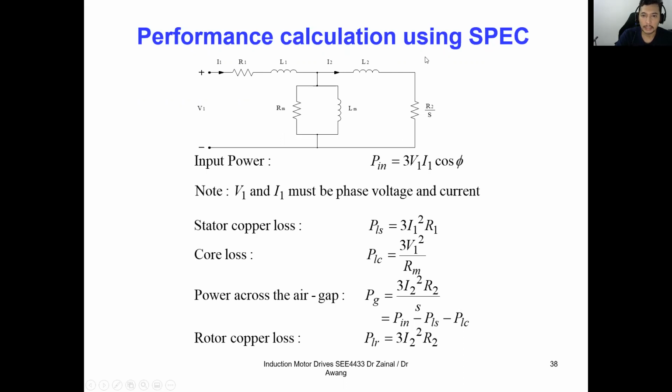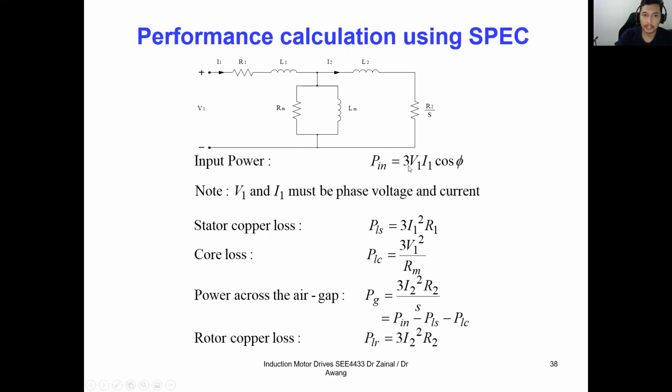Okay, and for the input power, even though this is a single phase, usually we will conduct our calculation in three phase. So just multiply by 3: V1 and I1 cos theta. So this cos theta is the power factor. And you should note that V1 and I1 should be in phase values.